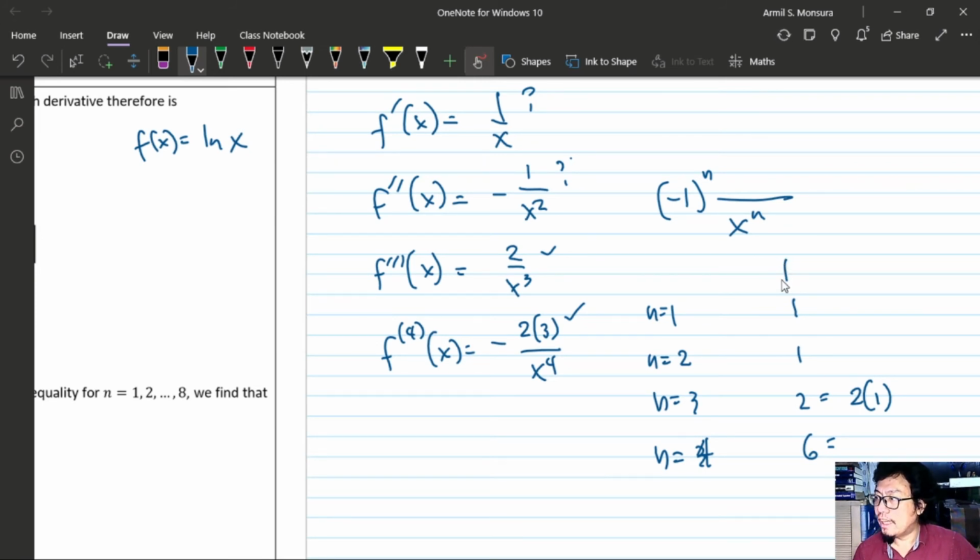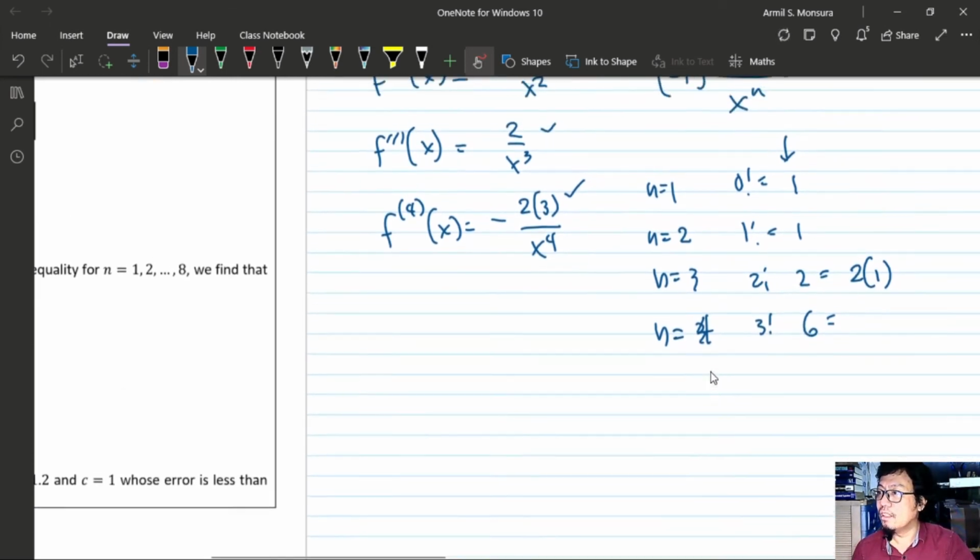But this pattern is actually a pattern for the factorial. So this is 1, 1. 1 is 0 factorial. This 1 is 1 factorial. 2 is 2 factorial. 6 is 3 factorial.